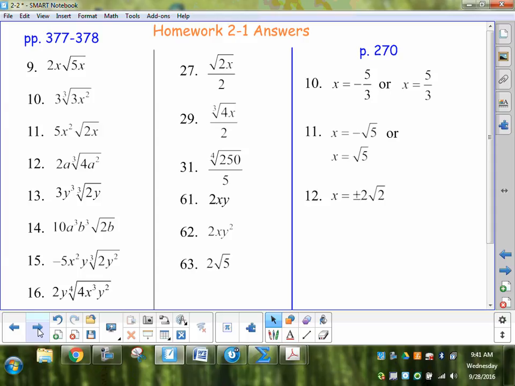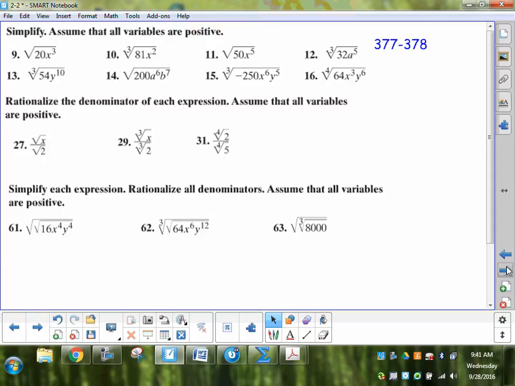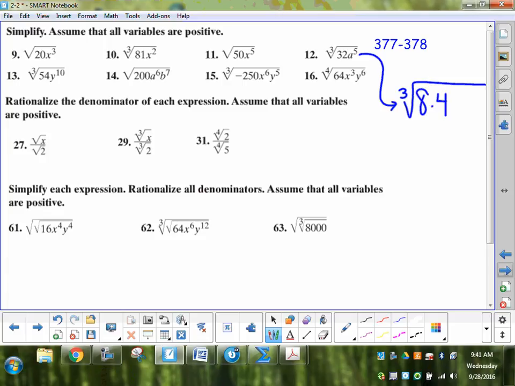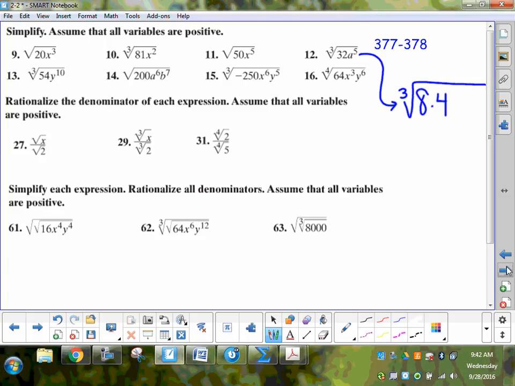Number 12, hang on, let me bounce over. 12, which is this one here. So if I did this, I'd say this is the cube root of, now what perfect cube goes into 32? 8 times 4 times, now a cubed, I break this up into a to the 3rd times a squared, because that gets me the a to the 5th that I need.